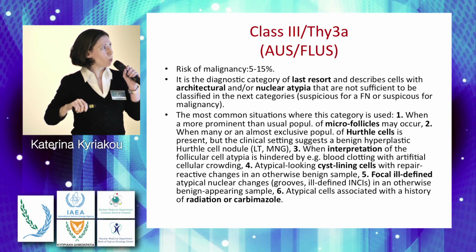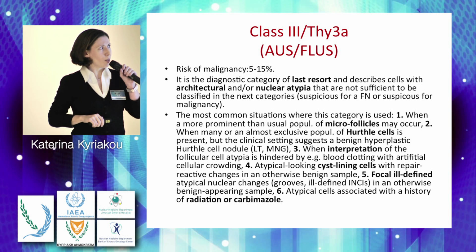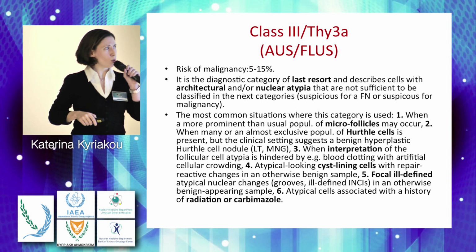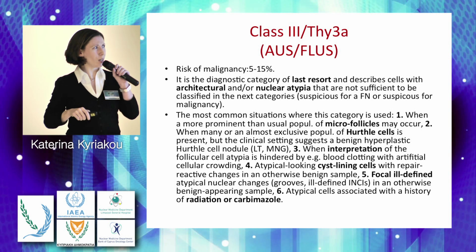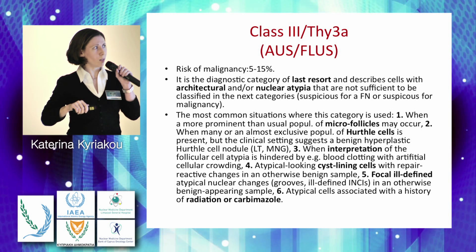And the most common situation where this category is used is when we have an increased number of microfollicles. The microfollicles are small groups of 6 to 10 follicular cells, which we see in a follicular neoplasm when it is more than 75%.